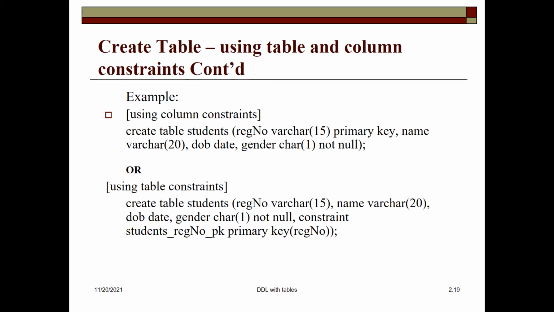Or you can decide to do that at the end of the table. Instead of doing it for each column, you just come here, write constraint, then say unique and list those attributes that you want to be unique. But in terms of enforcement, it is the same.